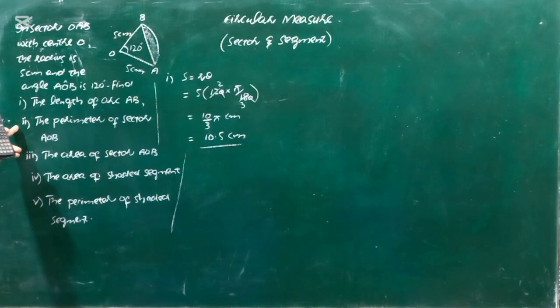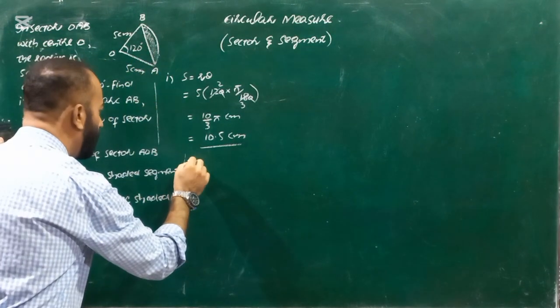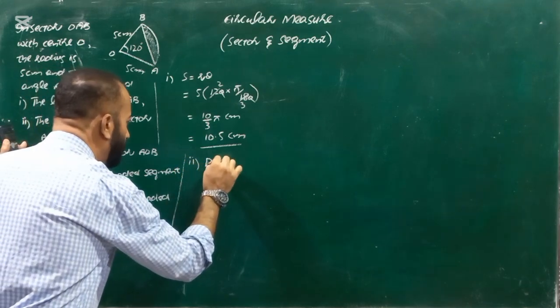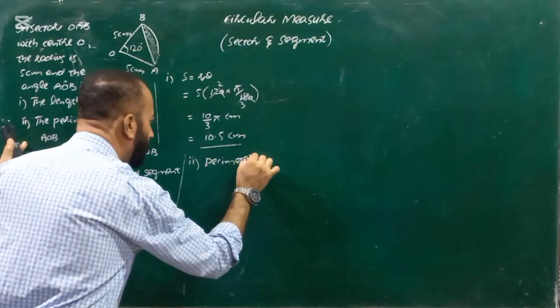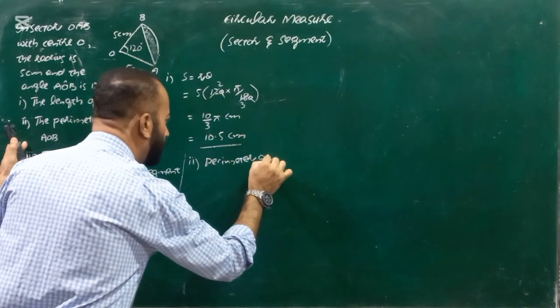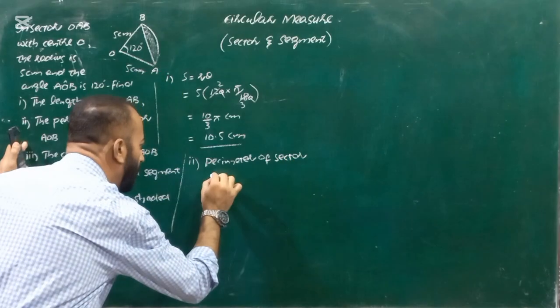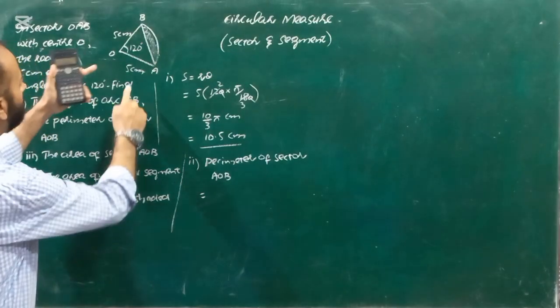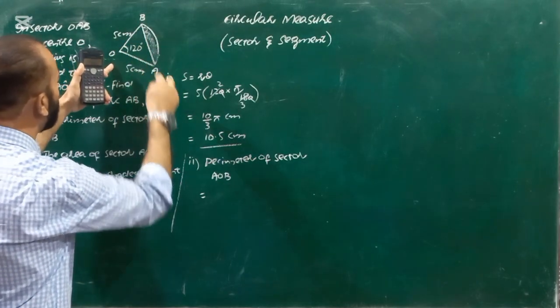The second part is the perimeter of the sector AOB. So perimeter is the requirement. The perimeter of sector AOB will be equal to 5 centimeter plus 5 centimeter plus the arc length.